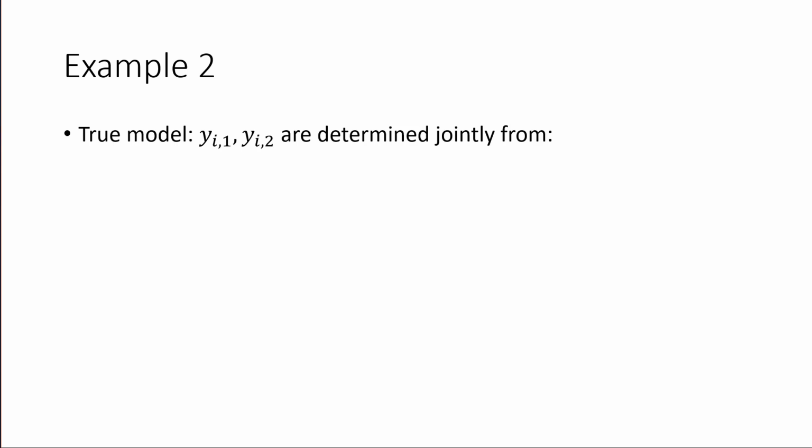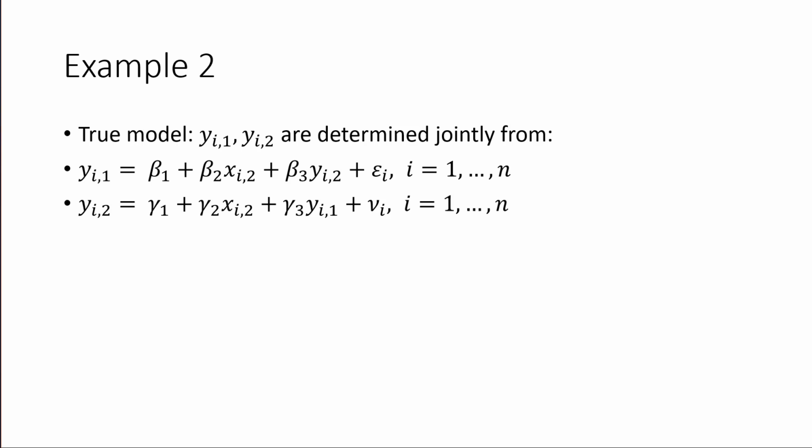One specifying the first variable y1 and the second model explaining the second dependent variable. So in my first equation, I have an exogenous x variable, but my second explanatory variable, y2, for that one, I have a simultaneity problem. Not only is y1 determined by y2, but y2 is also determined by y1.